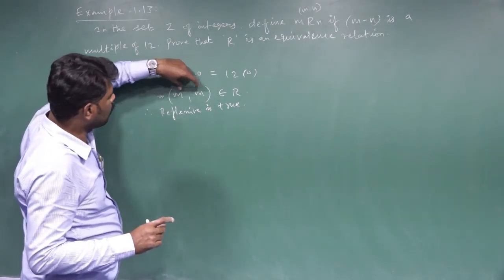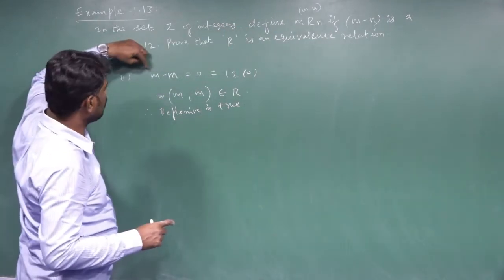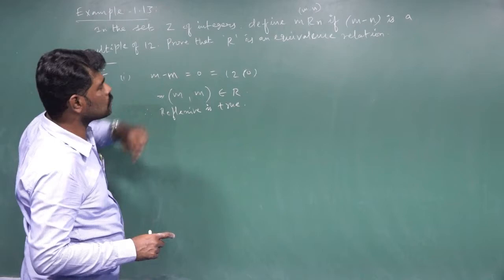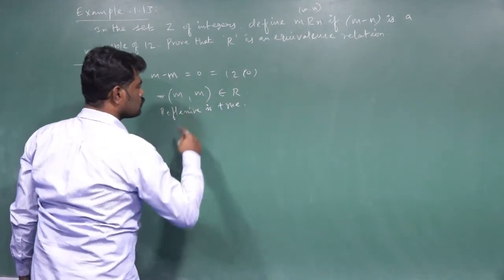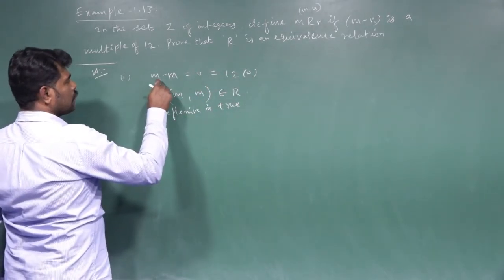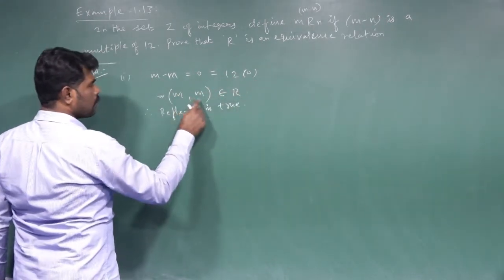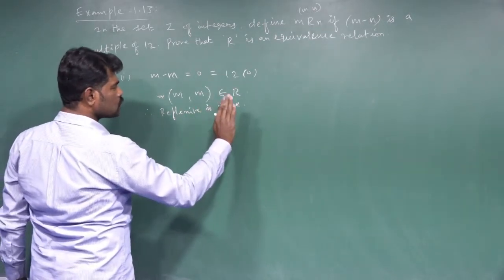So take M comma M. According to the condition given, M minus M is equal to 0. This 0 we can write as 12 into 0. Then it is a multiple of 12 only. So if this is a multiple of 12, then M comma M belongs to R. So like this, reflexive is true.